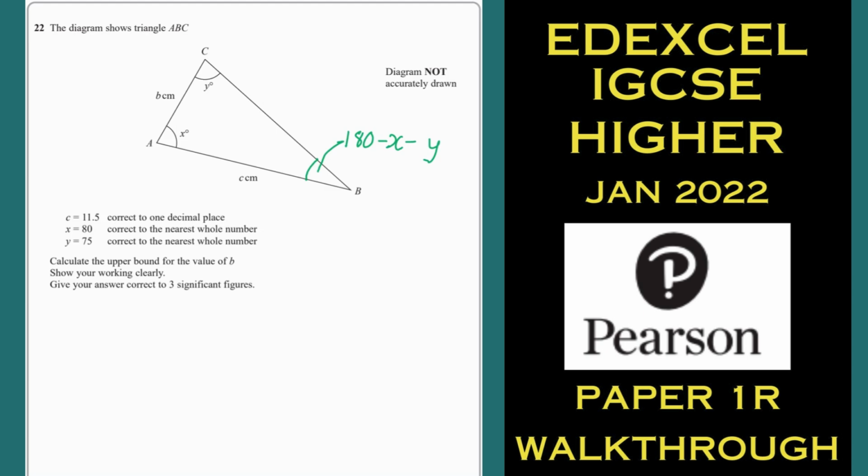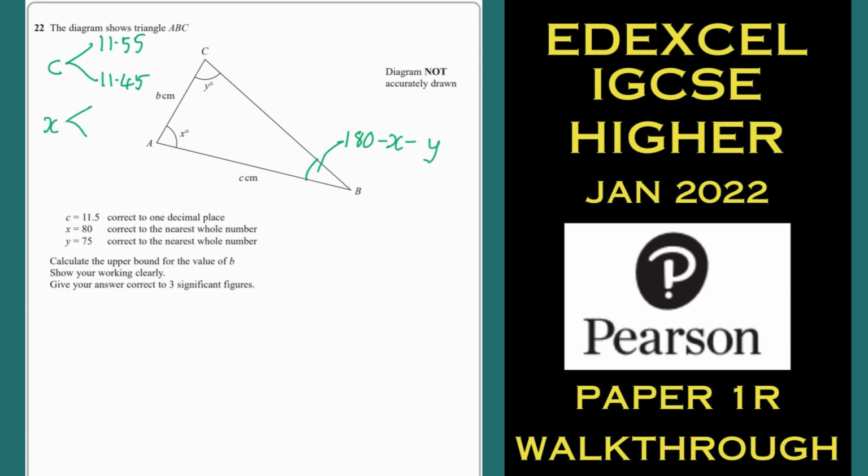As with all my videos where I do an errors and bounds, pick up the easy marks by writing your menu. So C, 1 decimal place, could be as big as 11.55 and as low as 11.45.